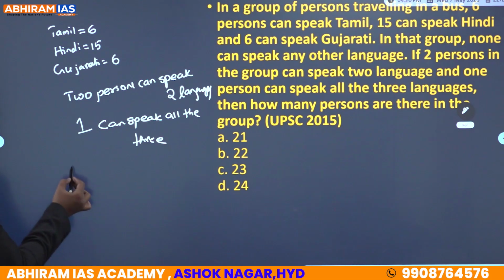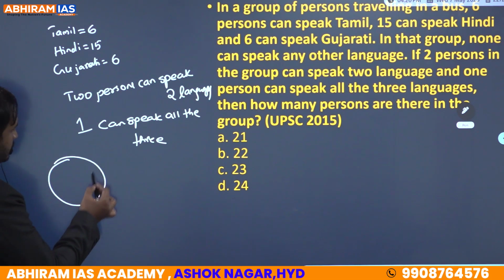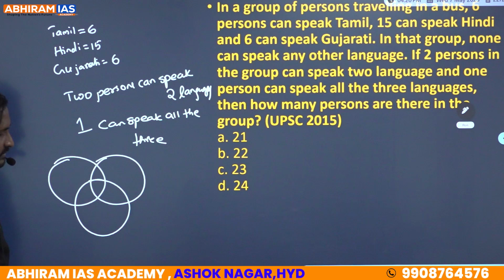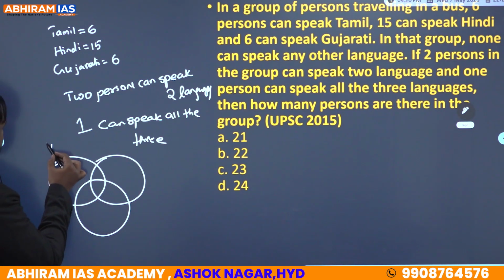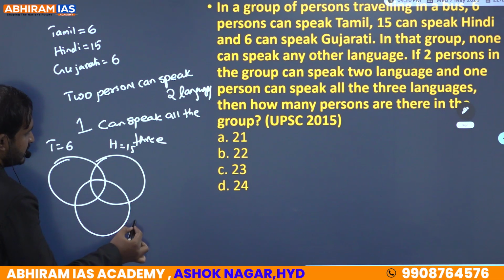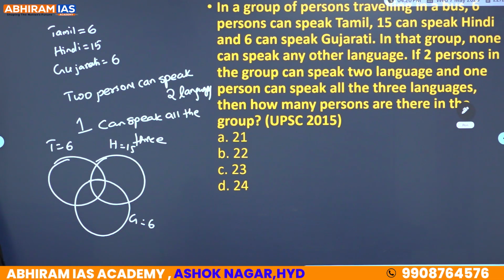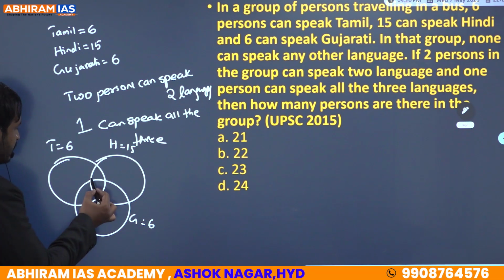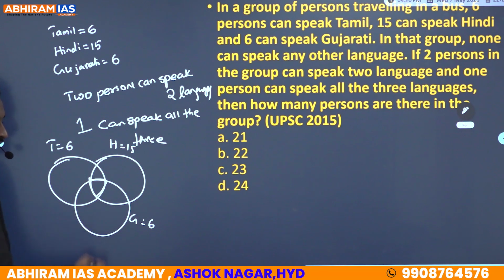Now see here students, 3 categories are there. Let us assume this as Tamil 6, Hindi 15 and Gujarati 6. Whenever you have these types of cases, always start filling from the most intersected area. Most intersected area means here 3 categories. So how many persons can speak all the 3? 1 person.